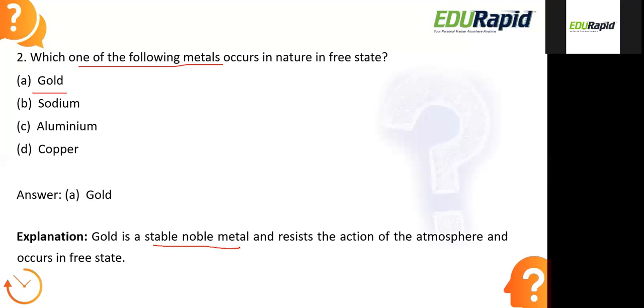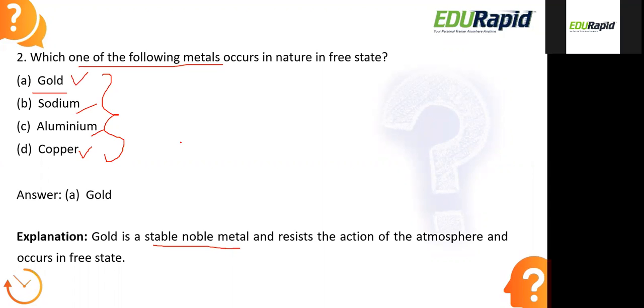There may be a minor mixture, but still we get gold in a purest form. Sodium and aluminium are comparatively highly reactive metals, whereas copper is less reactive, but more reactive than gold.